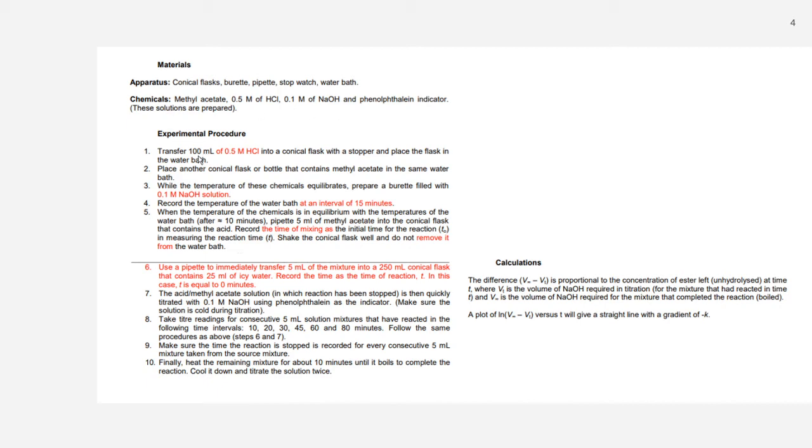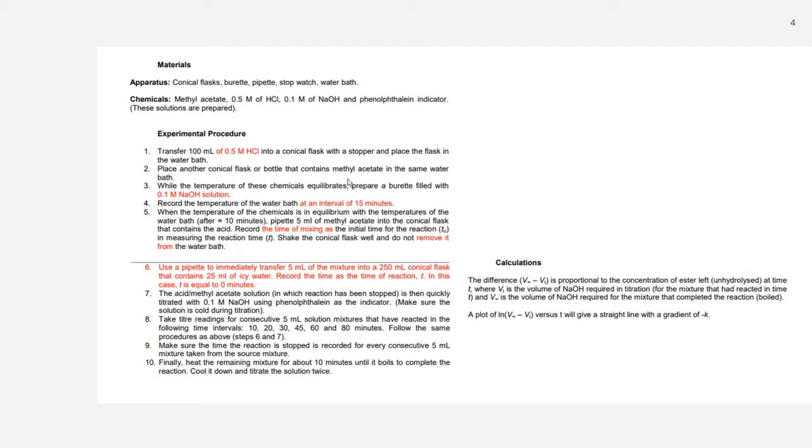So you transfer 100 ml of 0.5 molar HCl into a conical flask, put a stopper, and place the flask in a water bath, and then you also add methyl acetate in the same water bath. So you have two conical flasks sitting right next to each other.